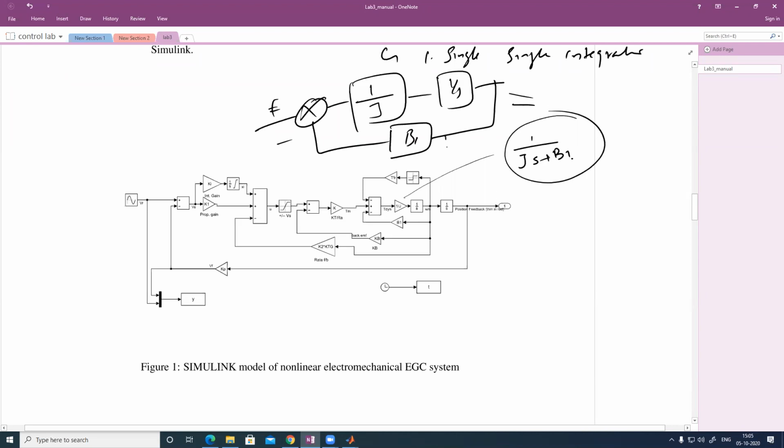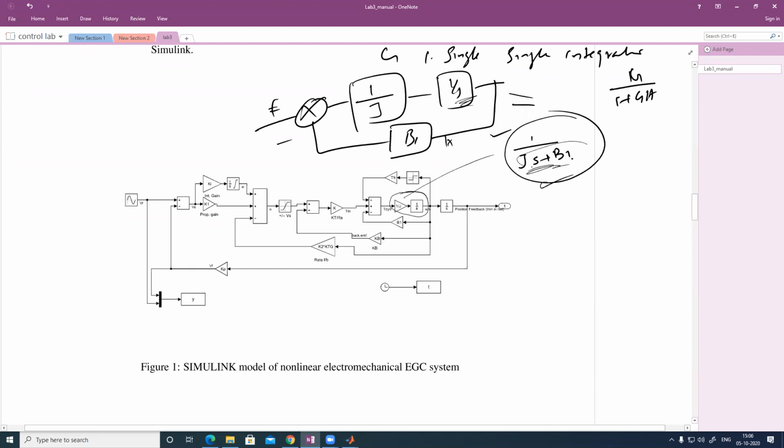This is G and H, so it is G upon 1 plus GH. It will be like this. This is the first change from the last model: we are converting 1 by Js plus B1 into 1 by J, 1 by S and B1. This is converted to a single integrator.